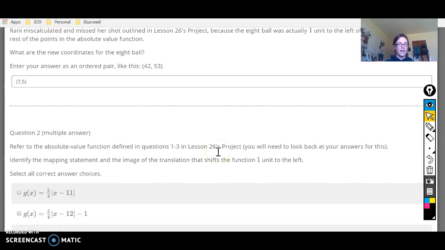Refer to the absolute value function defined in questions 1 through 3 of lesson 26. We can look back at that if we need to, but identify the mapping statement and the image of the translation that shifts the function 1 unit to the left.